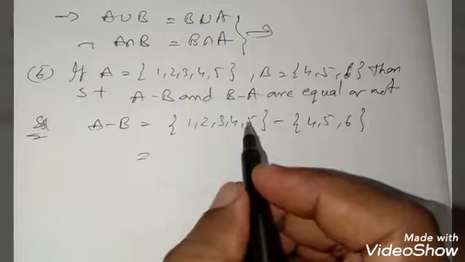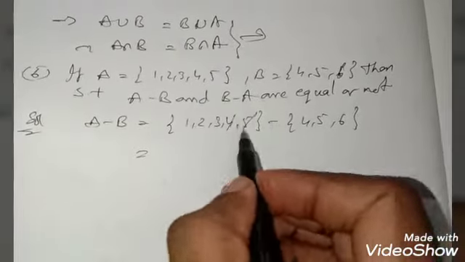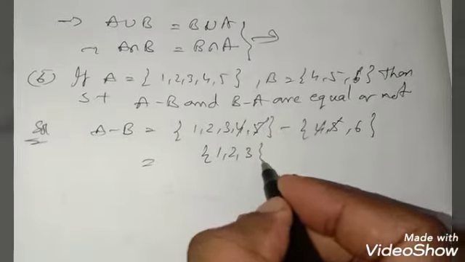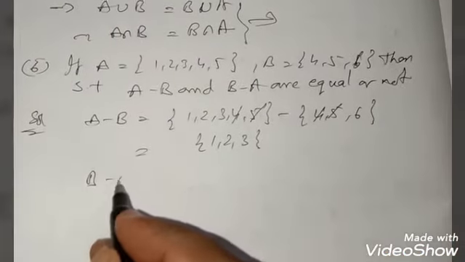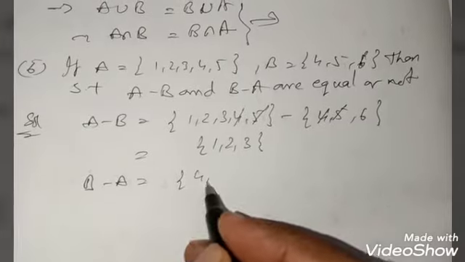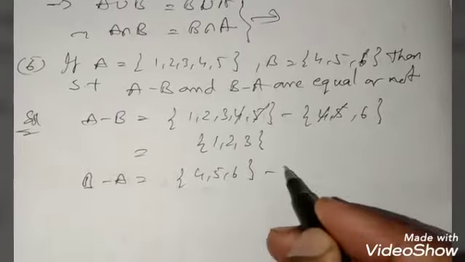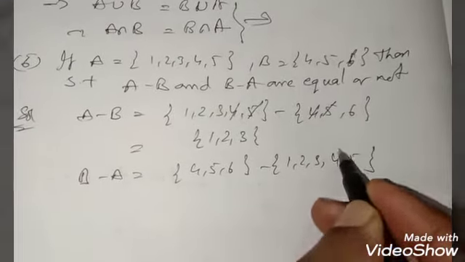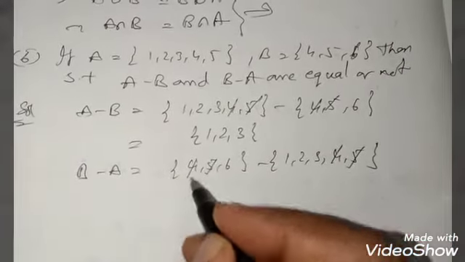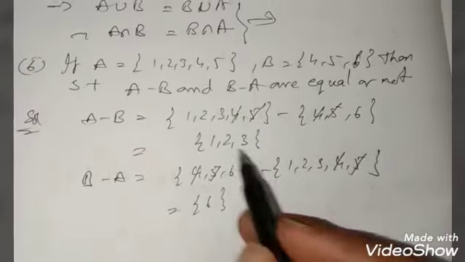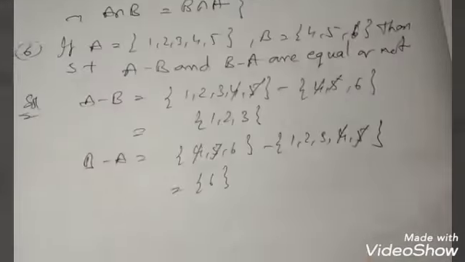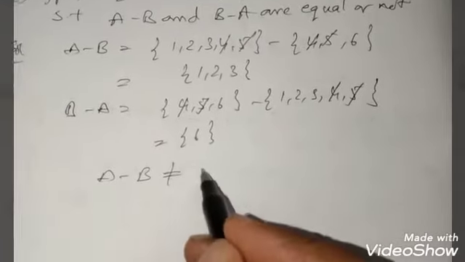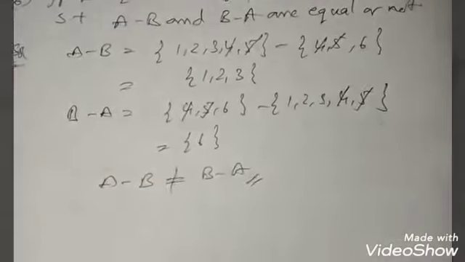Subtraction means the common elements should be cancelled. What is left here? {1, 2, 3}. Next, B minus A is {4, 5, 6} minus {1, 2, 3, 4, 5}. Here 4 and 5 are cancelled, and what is left is 6. These two values are not equal, so A minus B is not equal to B minus A.